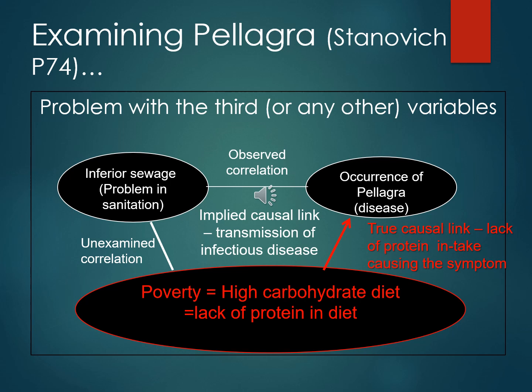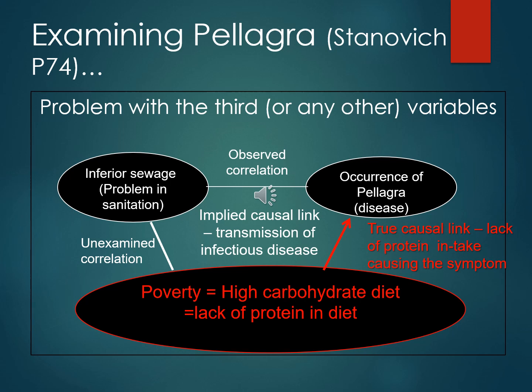There is a disease called pellagra, which involves fatigue, diarrhea, and some other physical symptoms. They also observed that the occurrence of pellagra is more prevalent in neighborhoods with poor sewage. So there is a correlation between these two things.